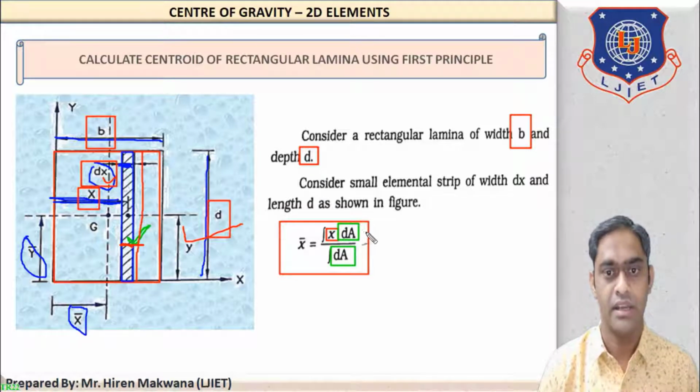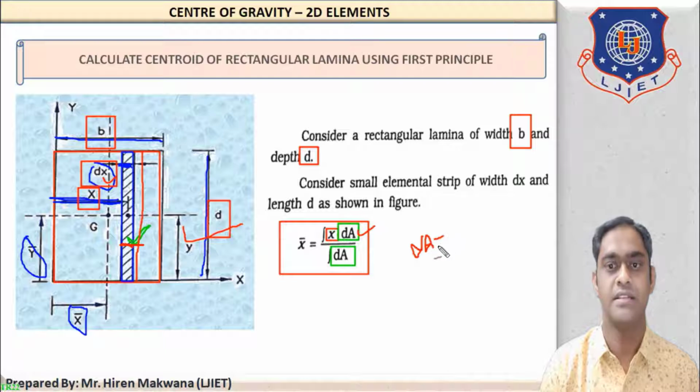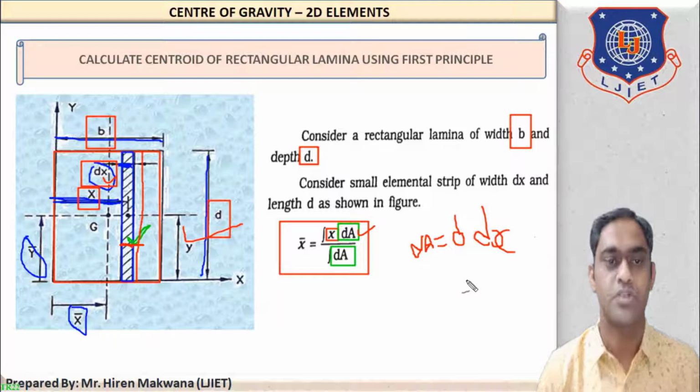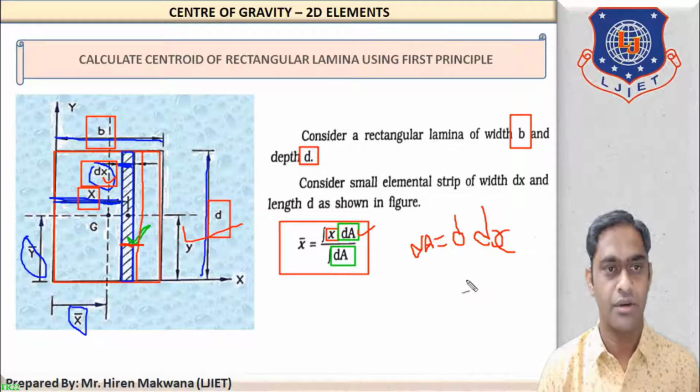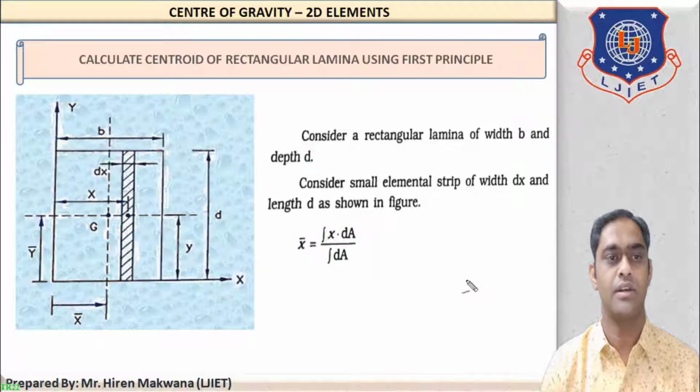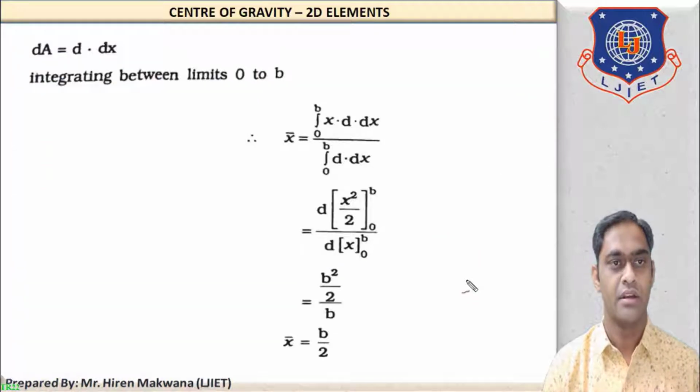So you can write dA is equal to the area of the strip, which is given by d into dx, the horizontal width of the strip. So now this is the initialization of the figure.